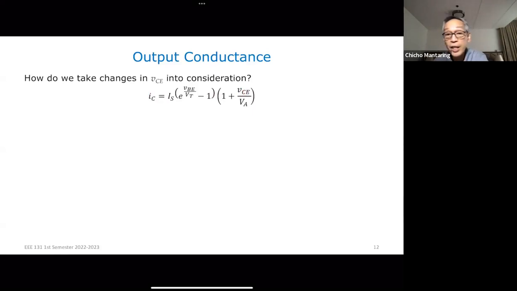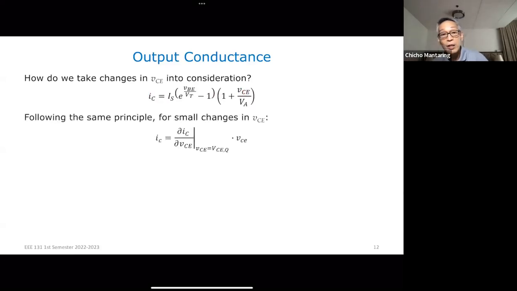So how do we take changes in VCE into consideration? Well, we just do exactly the same thing we did. We follow the same procedure. So following the same principle, for small changes in VCE, my change in collector current will be the partial of IC with respect to VCE, evaluated at my Q point, multiplied by my change in VCE.